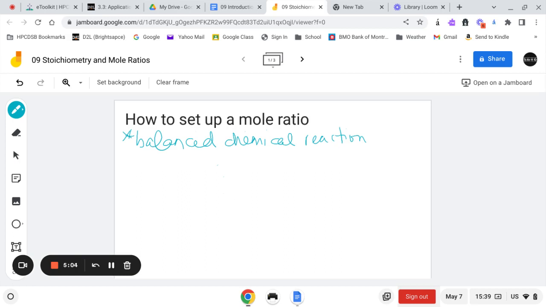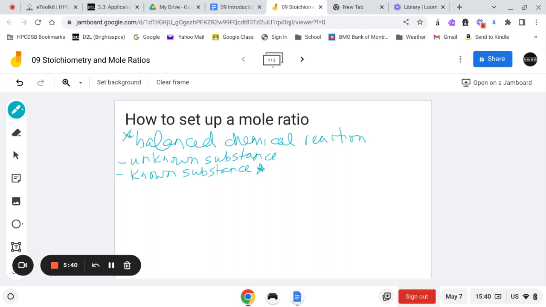When you set up a mole ratio, you're always going to have an unknown substance and a known substance. The unknown substance is what they are asking you to solve for. So they're going to ask, how many moles of a reactant do you need? How many moles of a product are you going to make? And they're going to compare that to a known substance, where you are given actual data for that known substance. So you're basing your calculations off of it.